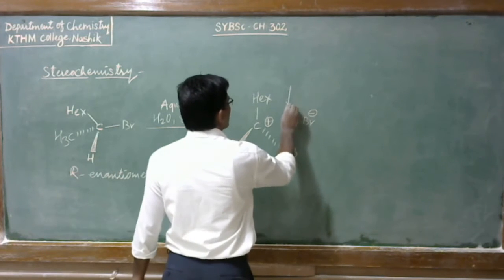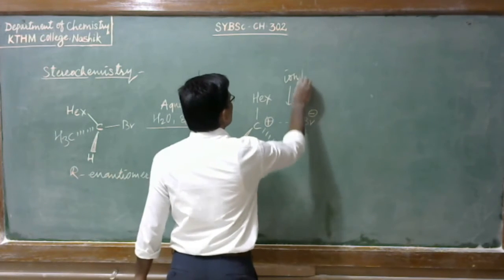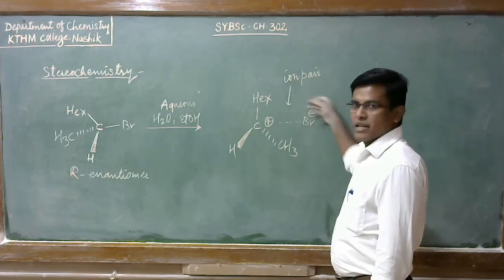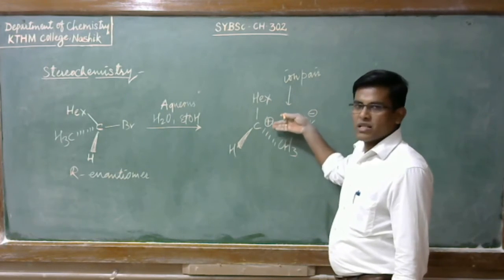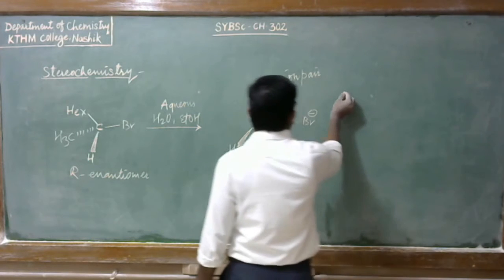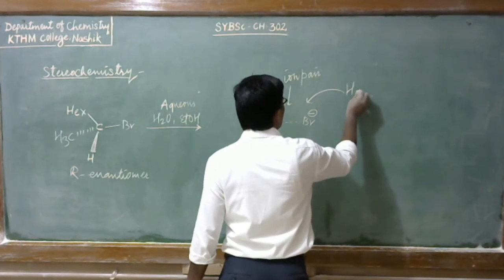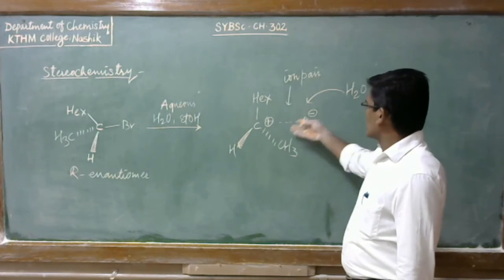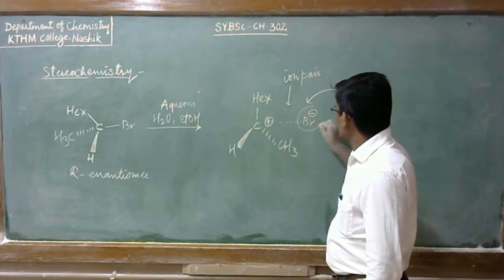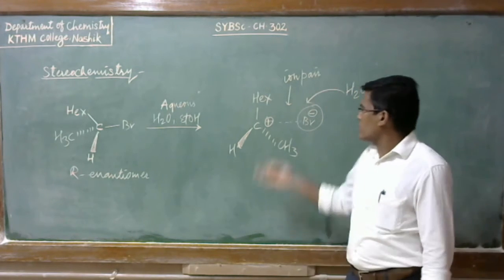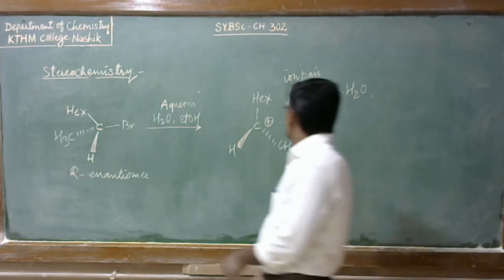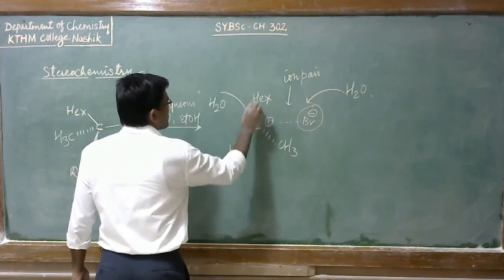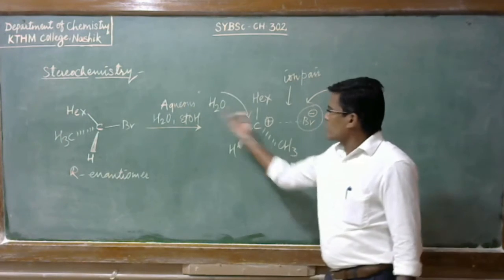Here, the departing bromide ion will be in proximity with this carbocation, so that the incoming nucleophile will be blocked. Due to the presence of this bromide ion, it blocks the entry of the nucleophile. So this nucleophile will approach from the rear side.